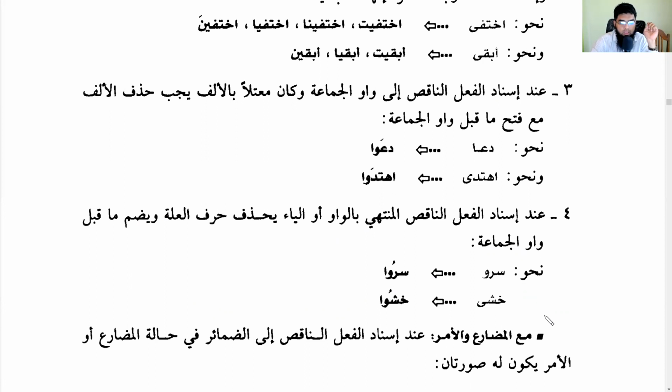And then khashiya. This is a ya. It looks like an alif, but it's actually khashiya. Now you want to attach waw al-jama'a, you have to look. If it's a fatha, leave it, don't touch the fatha. But sheen has a kasra here. So kasras and waw don't go together. So it'll become khashu.